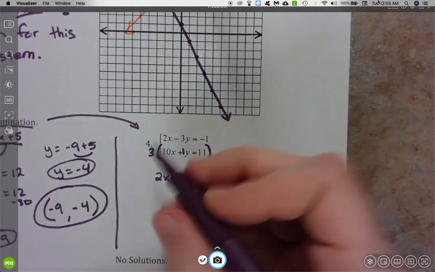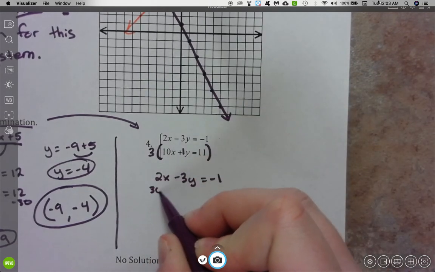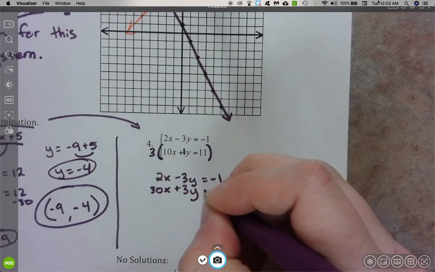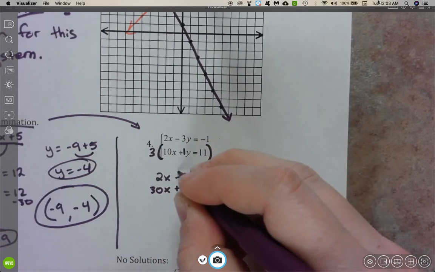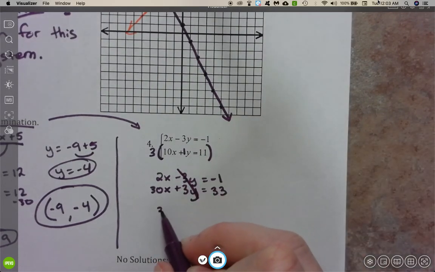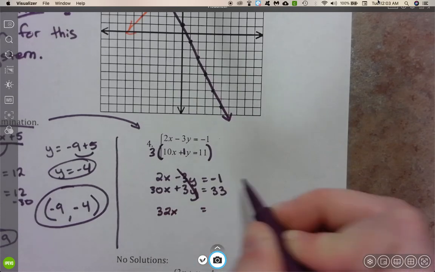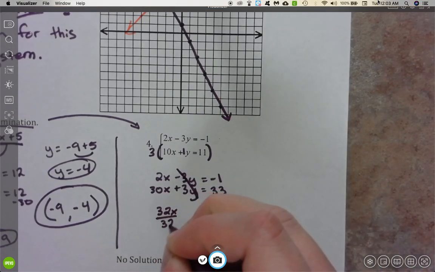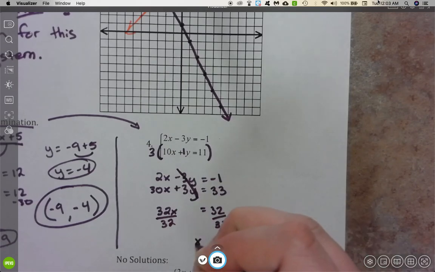So 3 times 10x is 30x, 3 times y is 3y, and 3 times 11 is 33, okay? In that case, my y's are going to cancel out, and I'm left with 32x equals 33 minus 1, which is 32. That's really nice. Divide by 32, and I get x equals 1, okay?